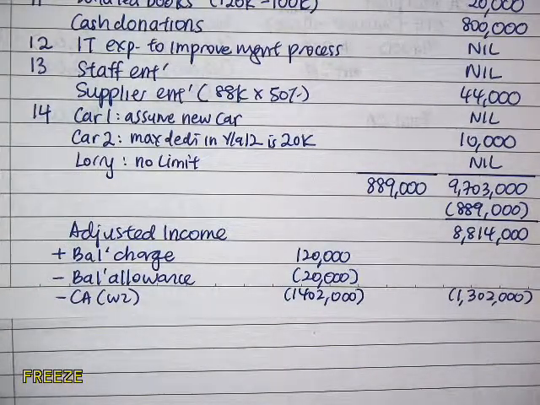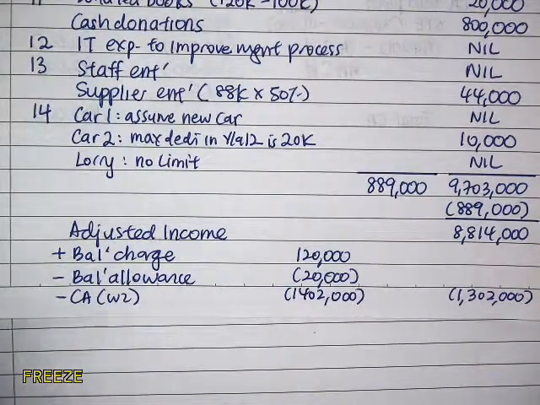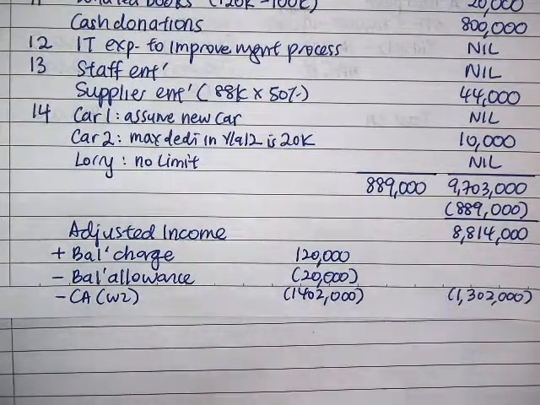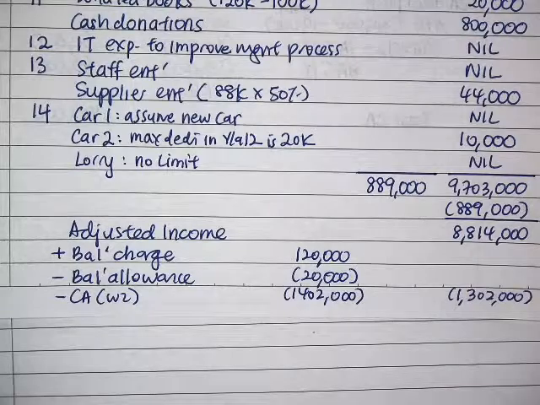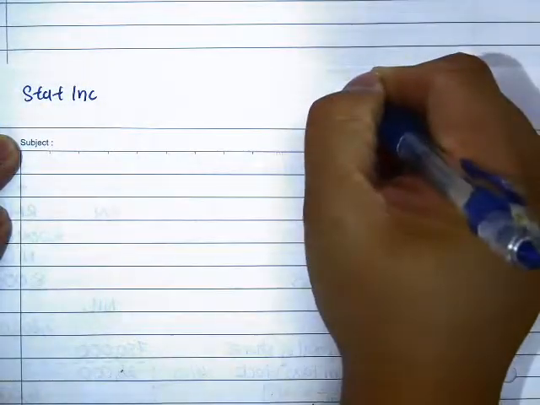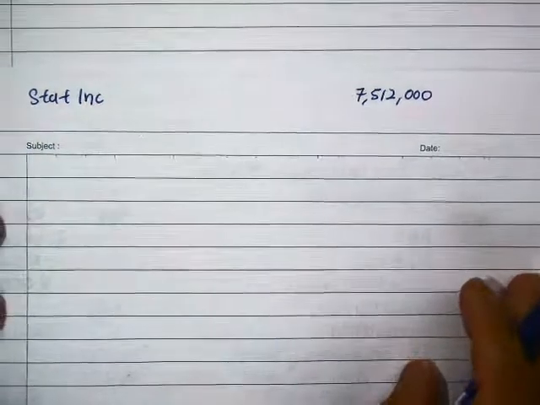So 8814 minus 1302, you get 7512. It's just a total, you do it yourself, okay? So we get a statutory income of 7512.